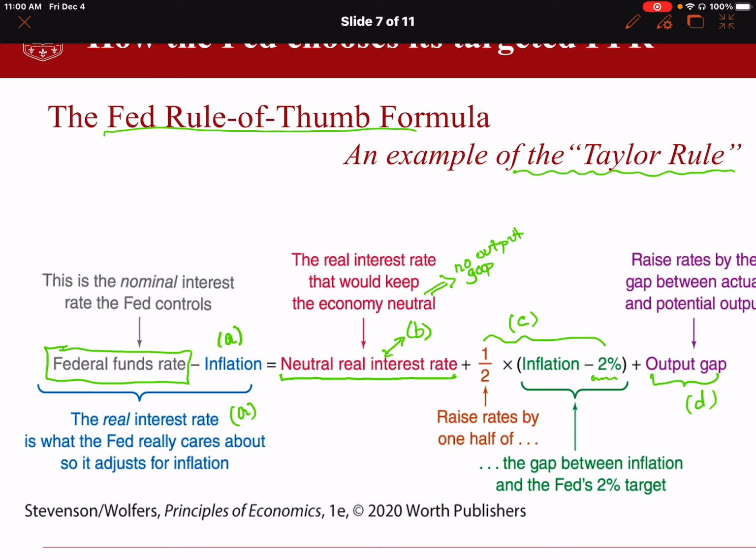So now let's turn to this item C. So what is the third thing that the Fed would think about in constructing its target for the Fed funds rate? Well, it would think about deviations of inflation from the Fed's target.